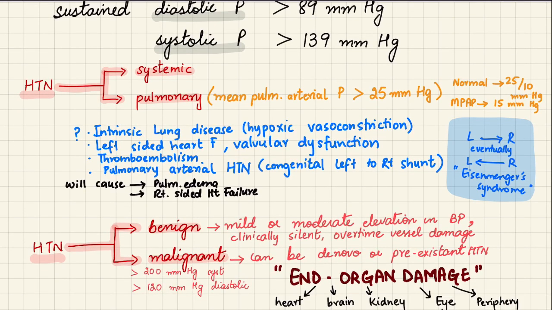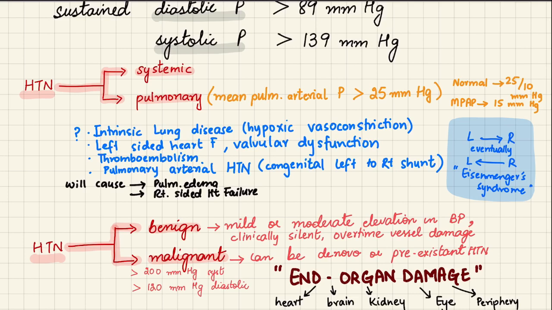Now, hypertension can be of two types. It can be systemic or pulmonary. Usually, when we talk about hypertension, we mean the systemic one. But pulmonary hypertension is also an important disease. We know that the right side of the heart does not have to work that hard, right?